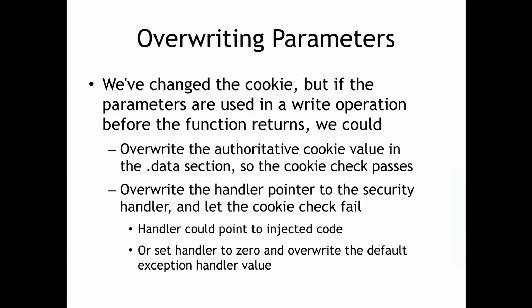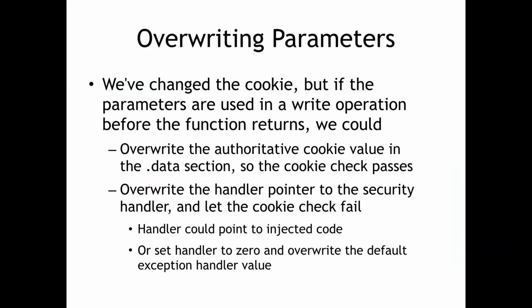All right, so here are ways to defeat this protection, which we talked about briefly before. I could somehow rewrite the cookie value in the data section before calling the function. Then it would load a value under my control in there, and I'd know what it should be. Or I could overwrite the handler. This is a security handler, because when the check fails it calls a security handler, like an exception handler.